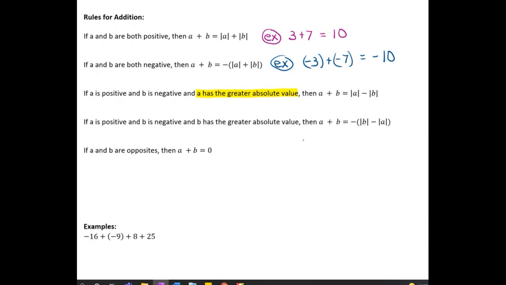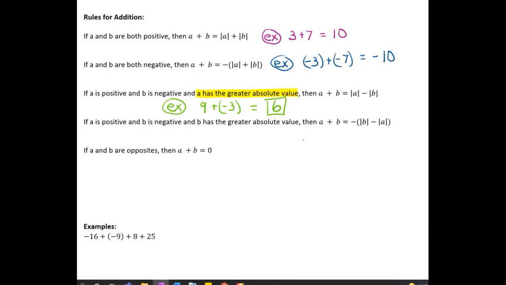Once again, I'm going to use an example to illustrate. If I have 9 plus a negative 3, one is positive and one is negative. What I'm going to do is say, well, the difference between 9 and 3 is 6. But the 9 has a bigger absolute value, so my answer is going to stay positive.